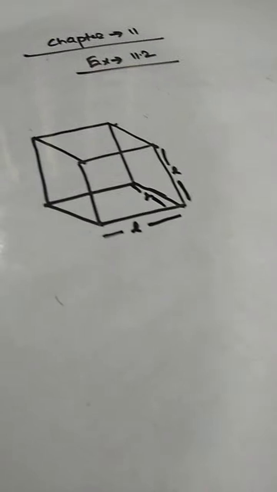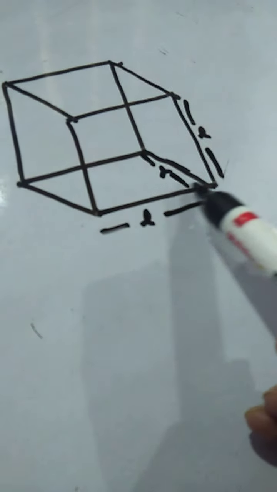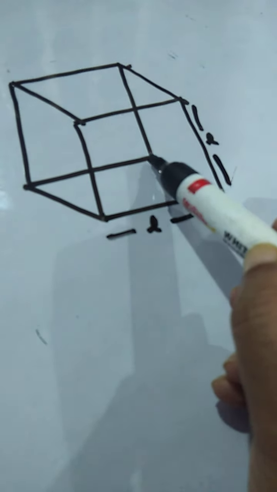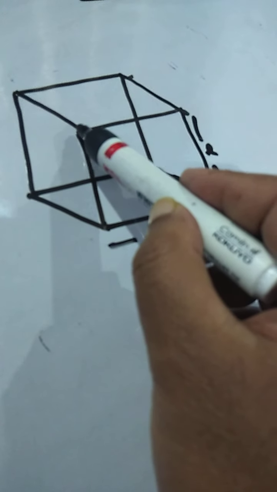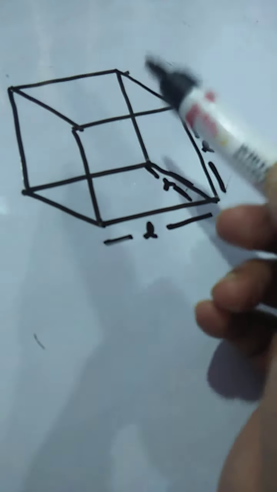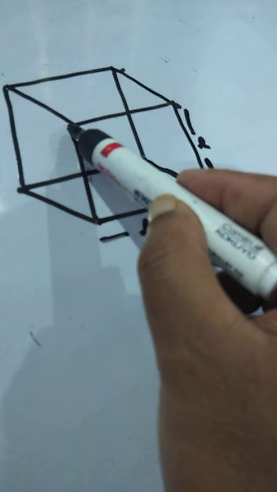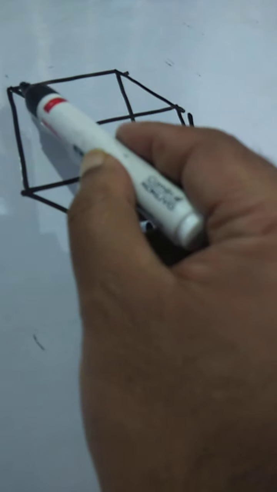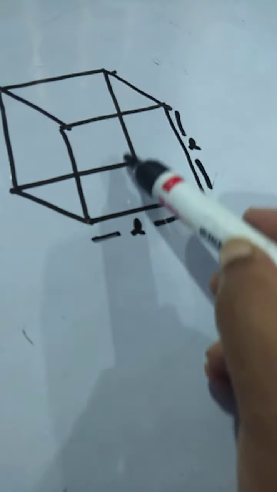We have to see how many sides there are. If you carefully see the base part, 1, 2, 3, 4. There are 4 edges in the base. Let's go to the ceiling part, the topmost part: 1, 2, 3, 4. So 4 plus 4 is 8. Now we will count the height: 9, 10, 11, 12.